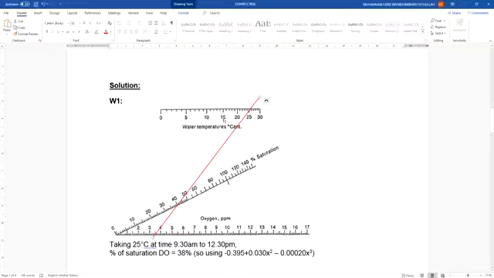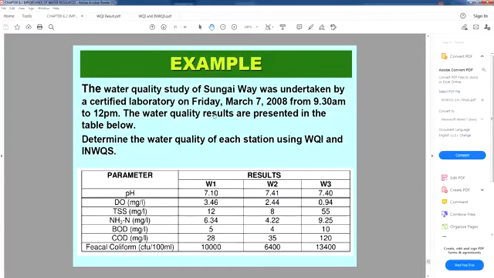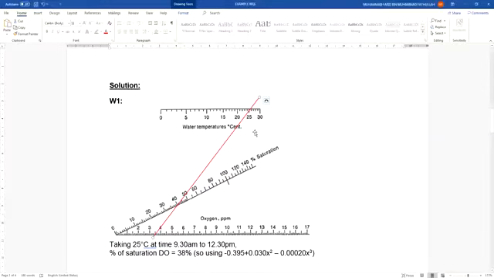First, you have to determine the temperature of the water for the water sample. But in this example, it does not give the water temperature. So you just assume the normal temperature for water in an open-space river is around 25 degrees Celsius.